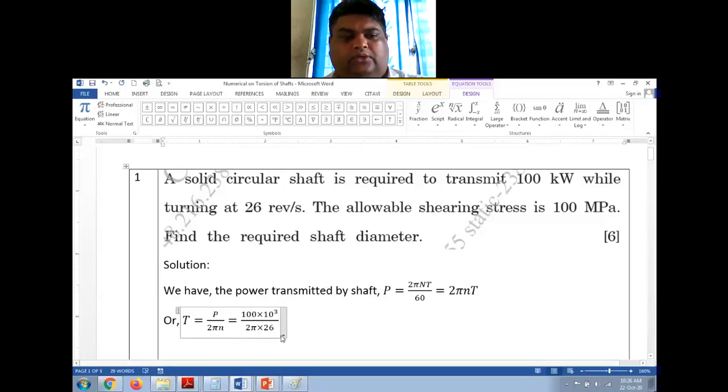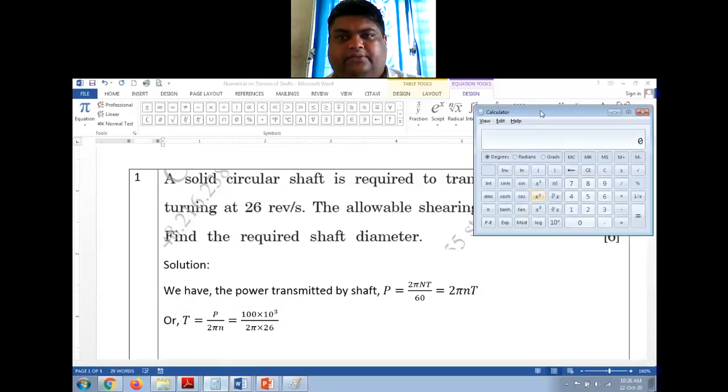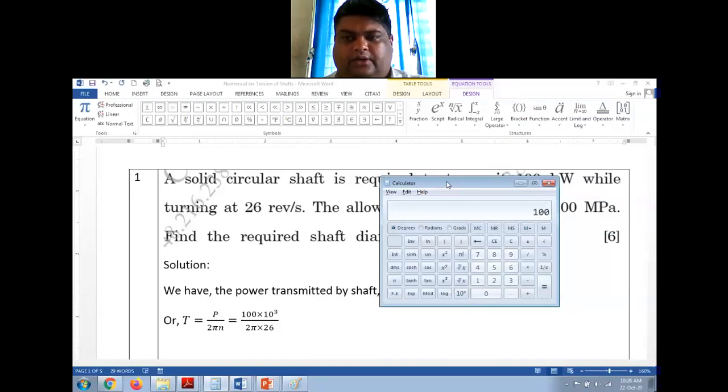So the torque that you get from this expression will be in Newton meter. So let us find this. 100 into 10 raised to 3 by 2 pi by 26.